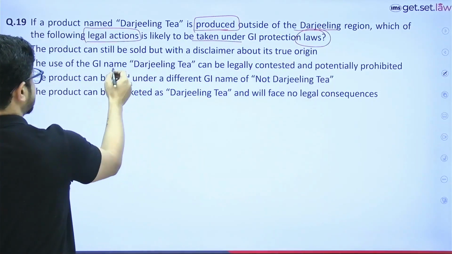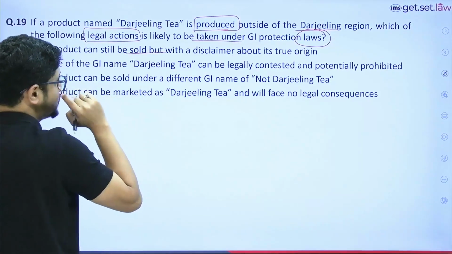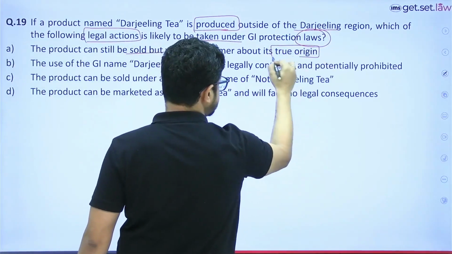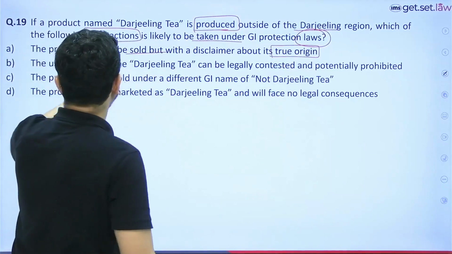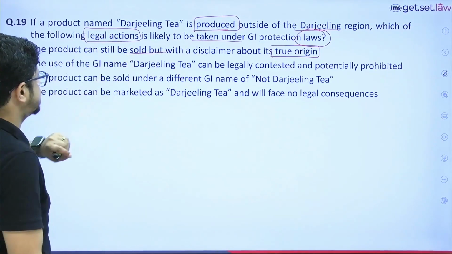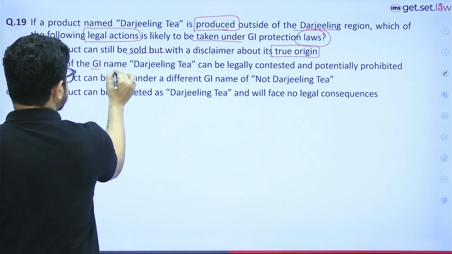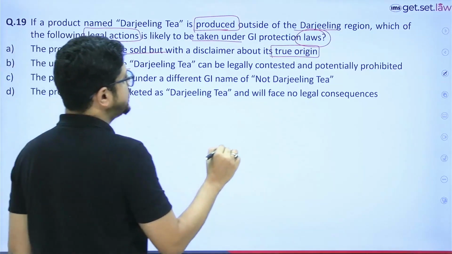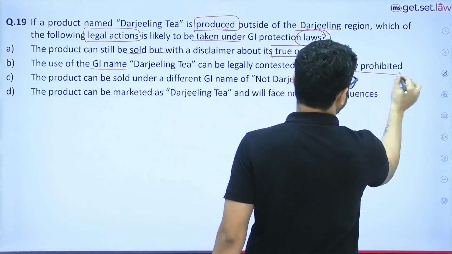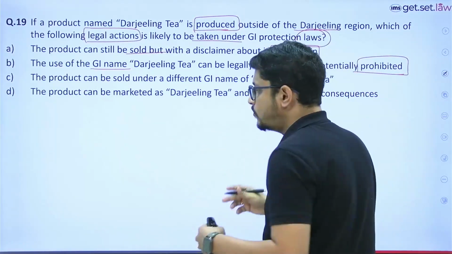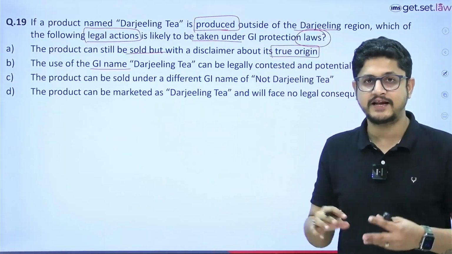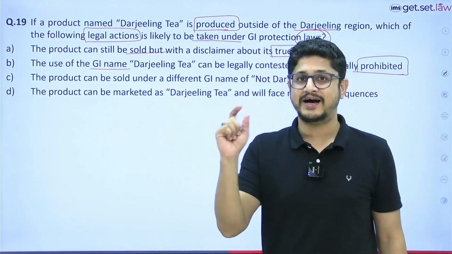The product can still be sold but with a disclaimer about its true origin. It can't be, because you need to take up a legal action. If it says the use of GI name can be legally contested and potentially prohibited, because if you want to produce and sell it, don't use the term Darjeeling tea.